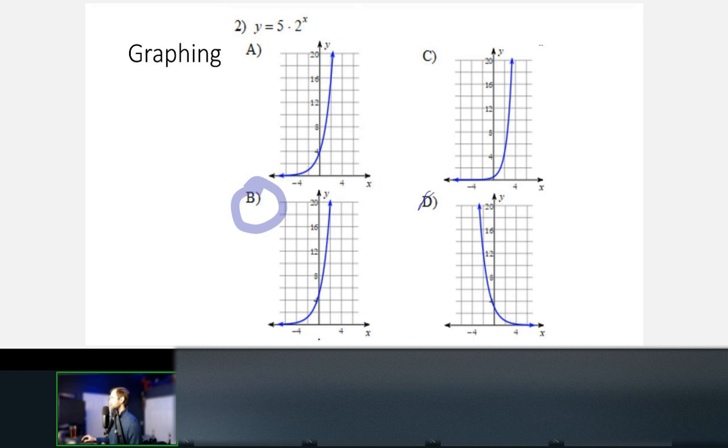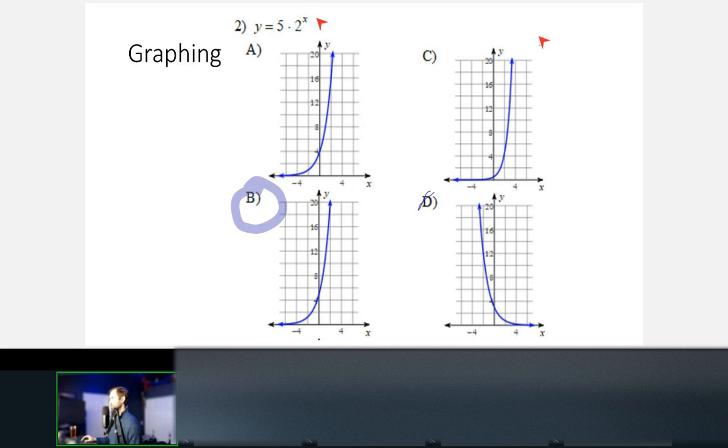So if there is not a shift, the intercept is always... let me think about that. So as long as there's not a shift.